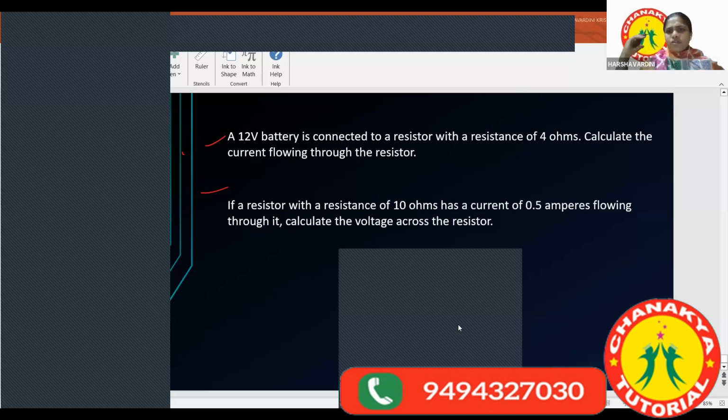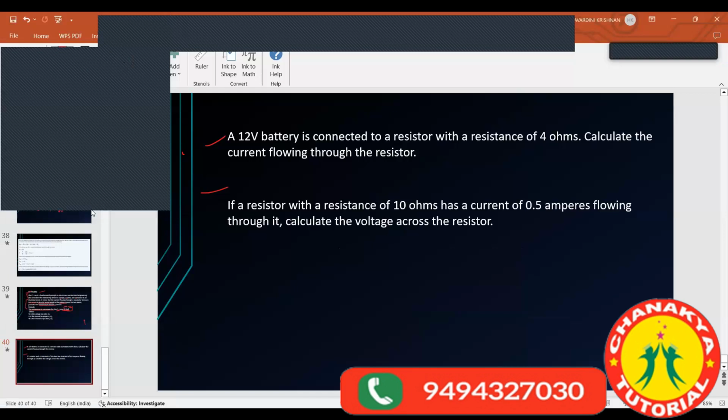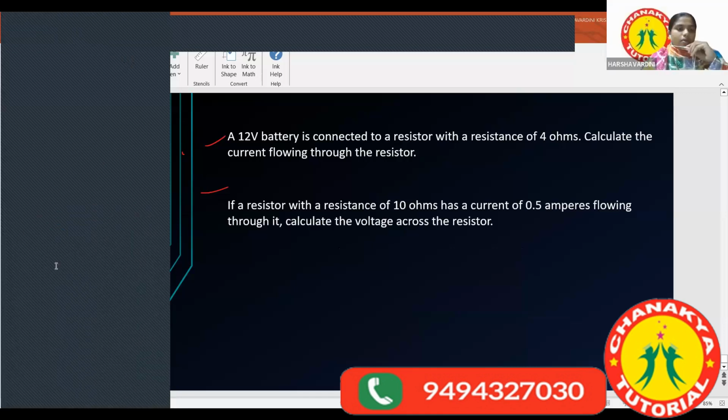Why so much confusion for a simple question? Your first one is right, Siddhant. Second also, both are right. Siddhant, you can leave.